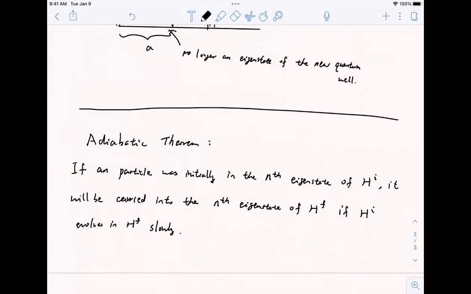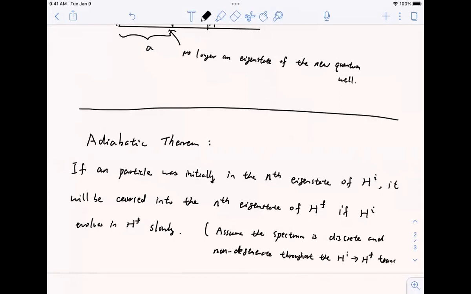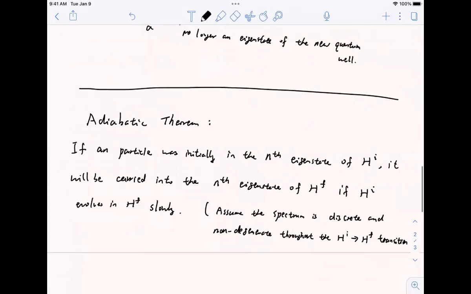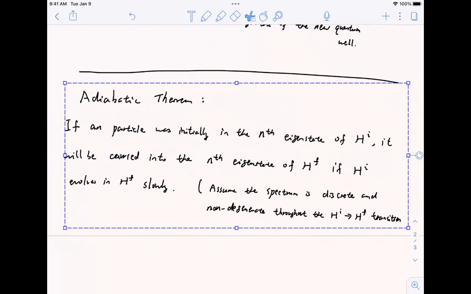Okay, here we just assume the spectrum is discrete and non-degenerate throughout the transition. Okay, so this is the adiabatic theorem.